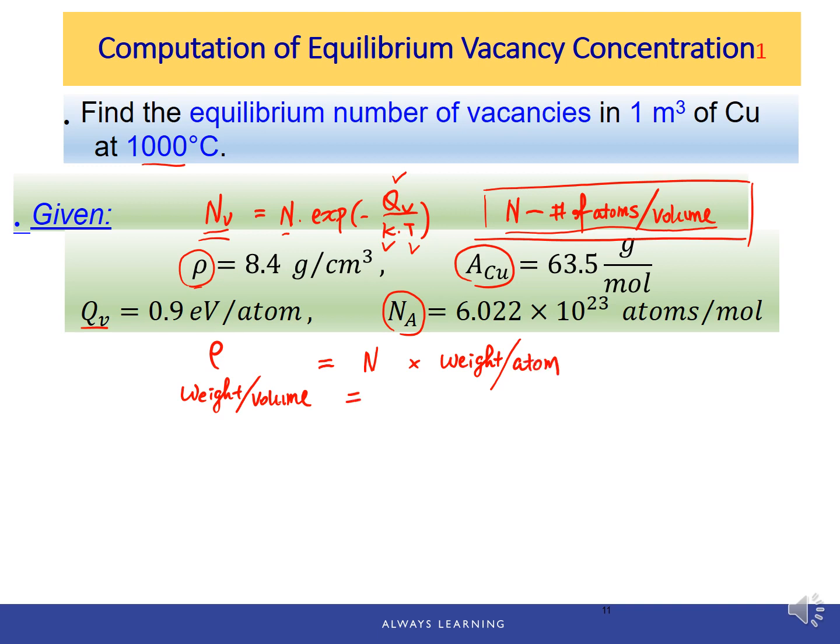N again is the number of atoms per volume. So number of atoms per volume times the weight of each atom, we get the weight per volume, right?